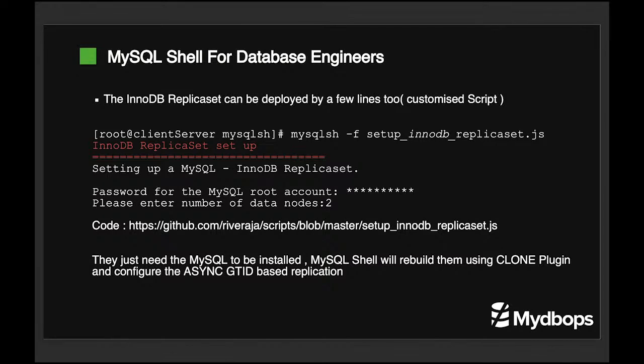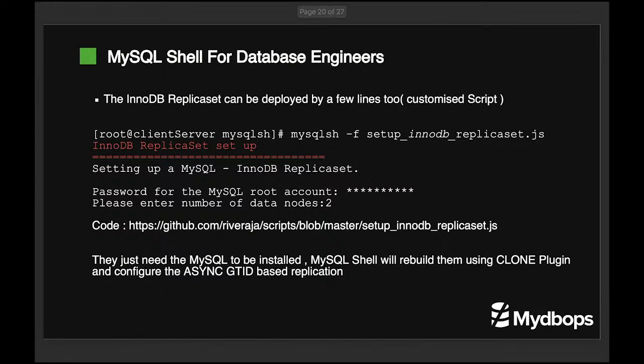The time taken to set up the replica can be huge, and being human, we might miss it. Now with the cluster, the clone plugin just takes the data in the background, builds a new node, and sets up the replication, so you won't face a lag. Once online, the lag will be very minimal and they get synchronized. So your replica setup is taken care of.